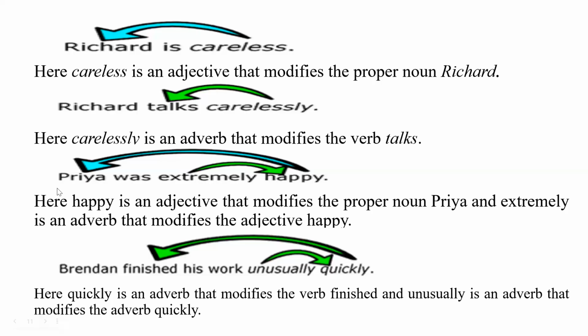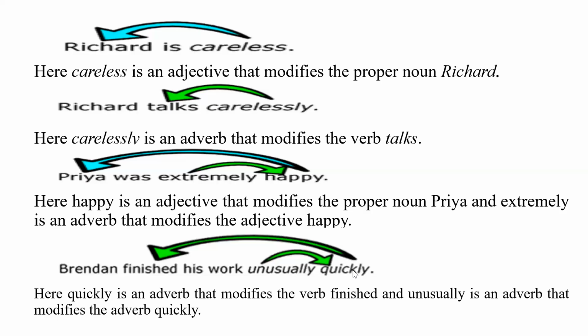Let's see explanation. Here, happy is an adjective that modifies the proper noun Priya, and extremely is an adverb that modifies the adjective happy. Let's see the last example. Brandon finished his work unusually quickly. All right, now let's have a look at the adverb quickly here. We can recognize it easily because it ends in ly.